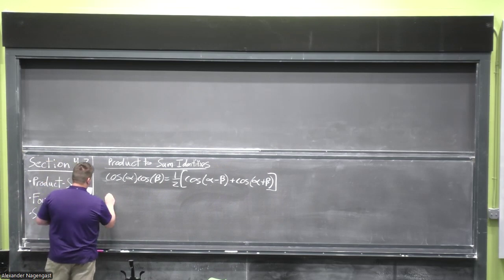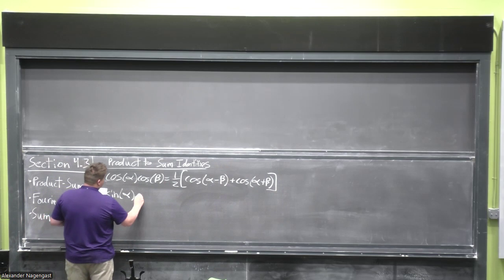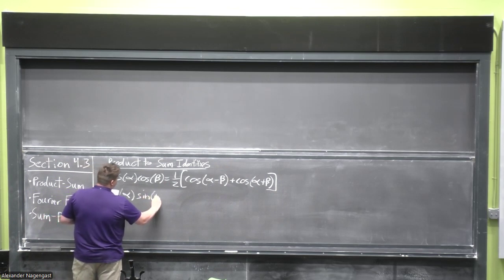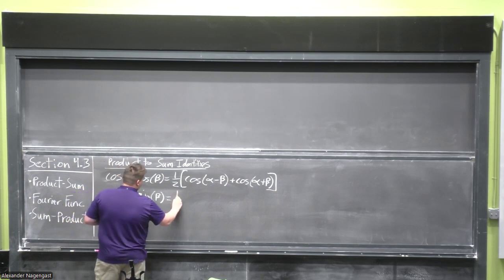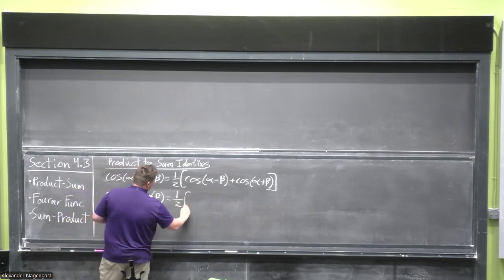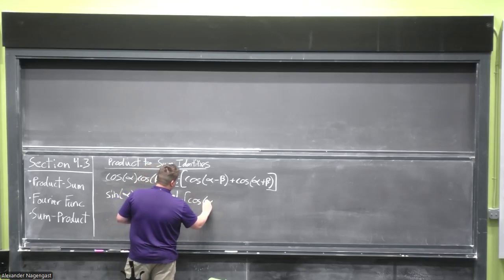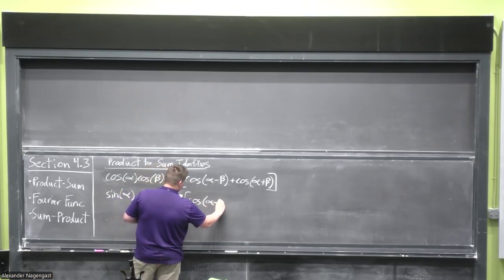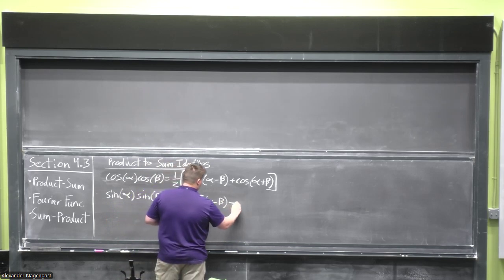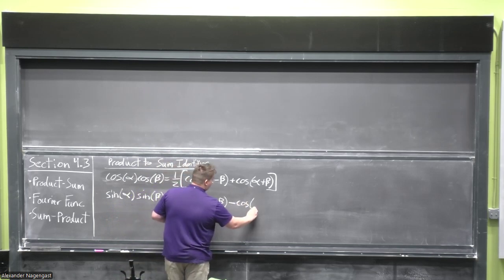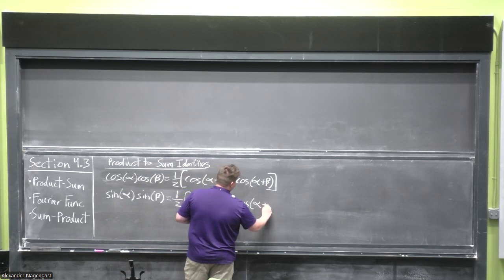We can also have sine of alpha times sine of beta. And this one we'll see it be 1/2 times cosine of alpha minus beta minus cosine of alpha plus beta.